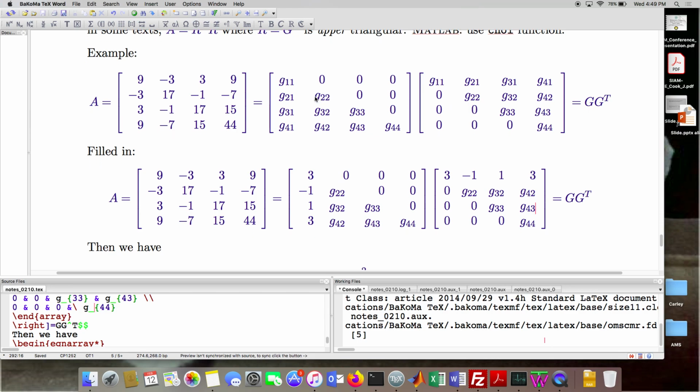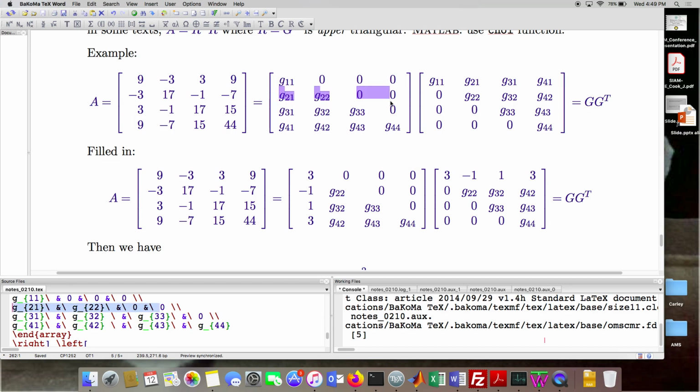So starting with G22, always starting with a diagonal entry because it's lower triangular. So here I'm taking the second row, going across the second row of G, down the second column of G transpose. So I have G21 squared plus G22 squared.